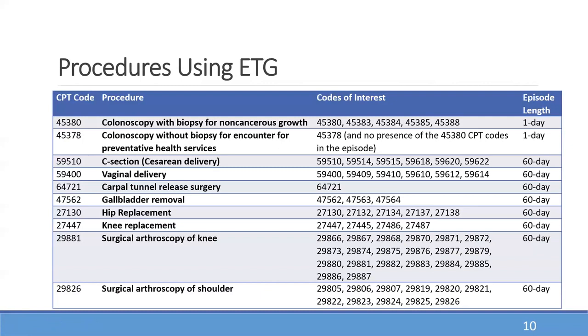So the first two procedures are colonoscopies, and we estimate costs for a one-day episode. The remainder of the 8 procedures are more surgical in nature, and we do look at a 60-day episode length, so that would be 30 days before and 30 days after the surgery itself, and all services related to the surgery would be considered as part of the episode.